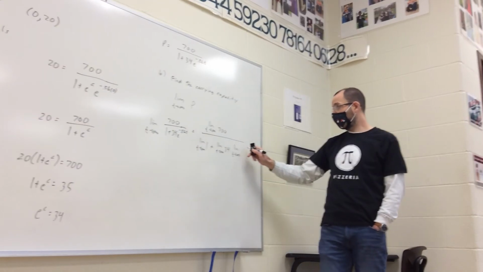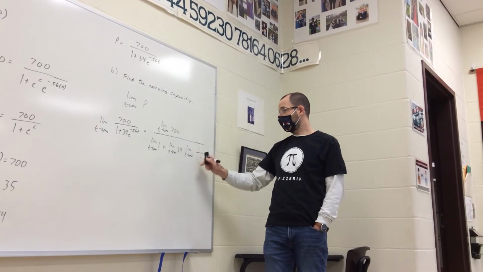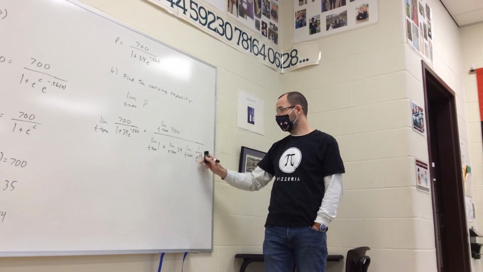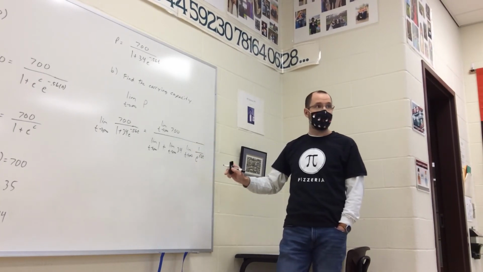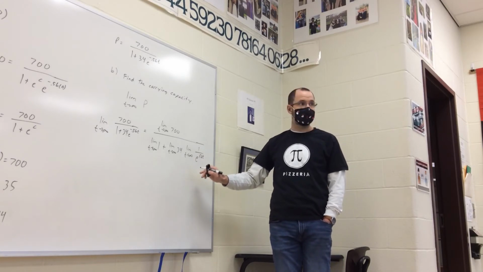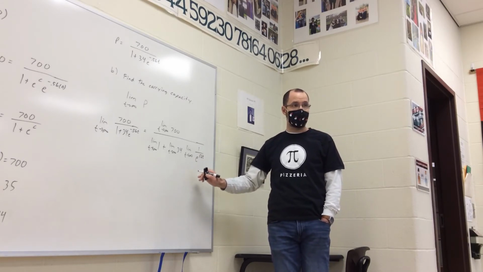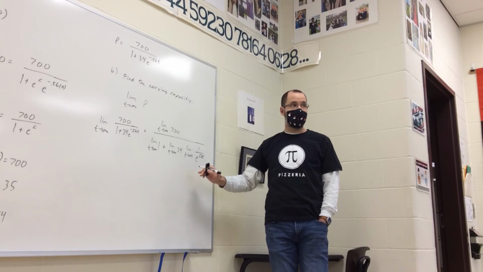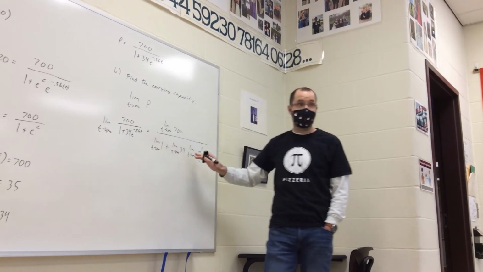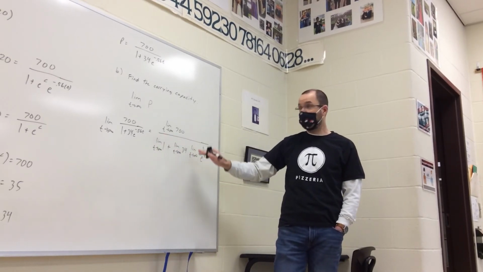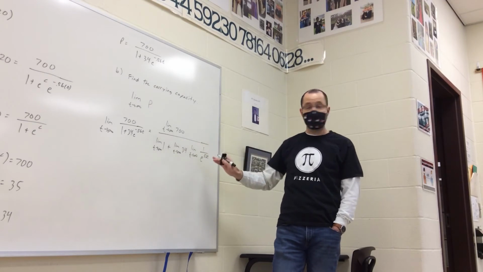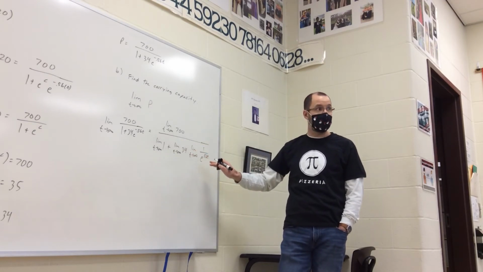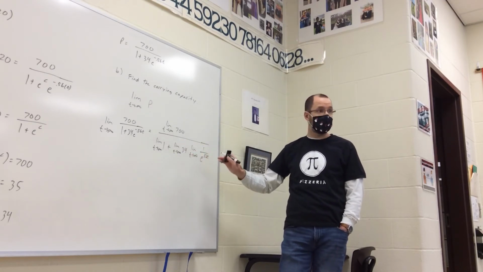So that's 1 over e to the 0.56t. So this step to this step was a bunch of limit laws. Limit past divide, limit past plus, limit past multiplication. And then rewriting this.